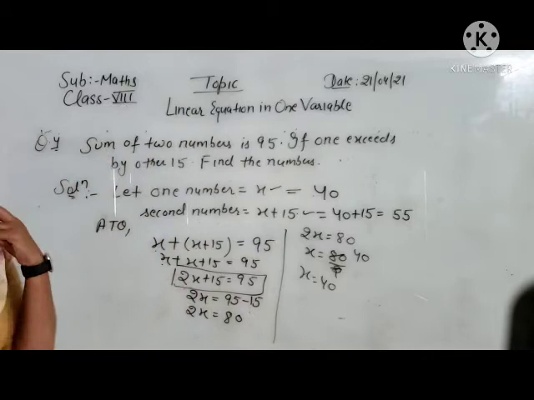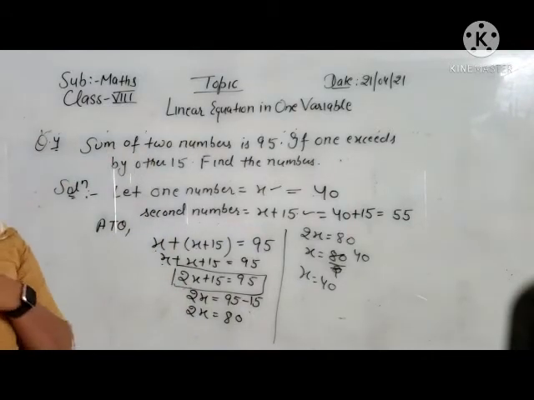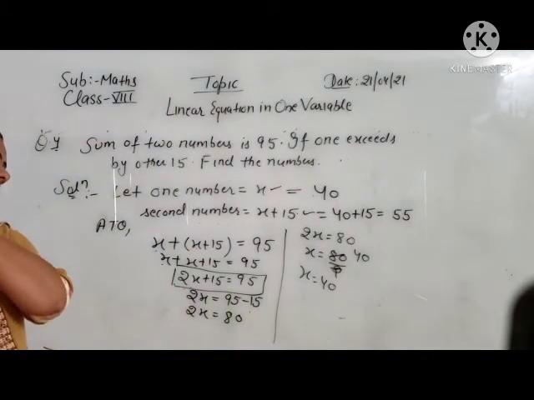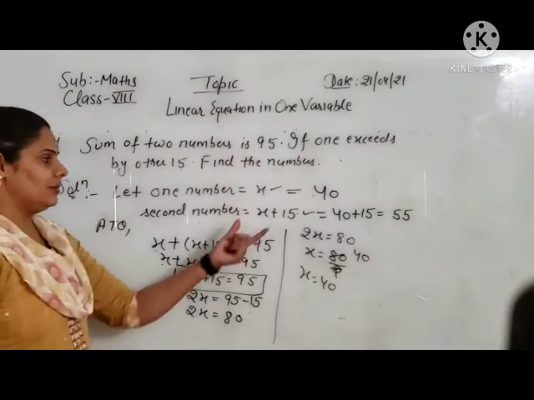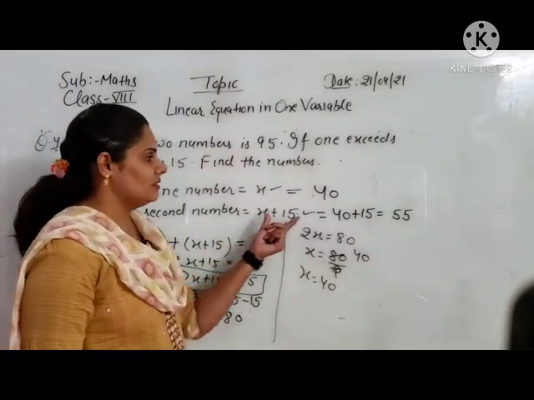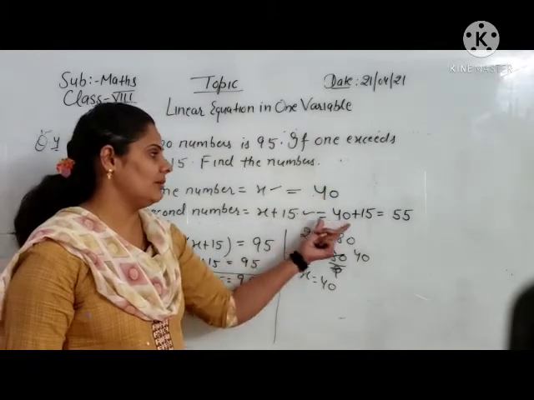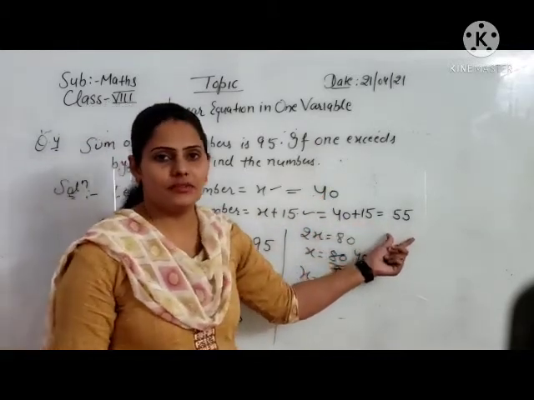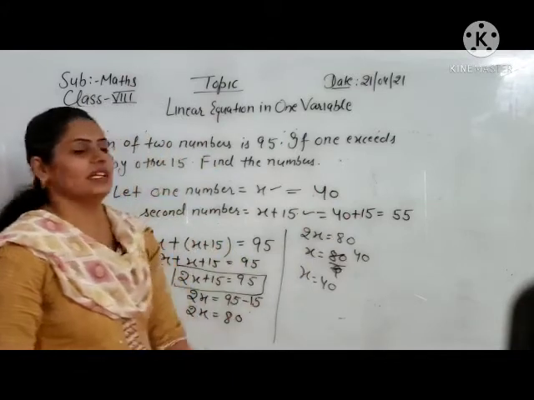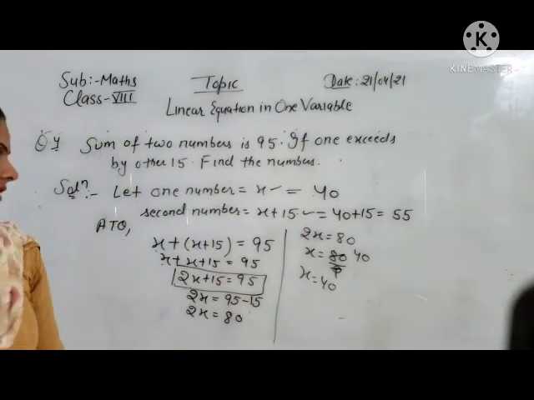Clear? So first number it will be 40 and second number you have given x plus 15. It means you will put the value of x here also. So what is the value of x? It is 40. So 40 plus 15 you can say 55. So first number 40 and second number it will be 55. Clear?